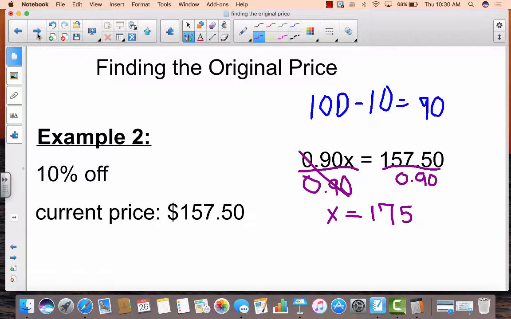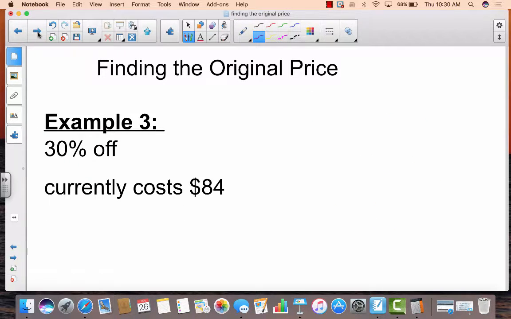We're going to do one more example together. This time we have some item that's on sale for 30% off, and the sale price is $84. So again, if I were to pay full price for the item, then I would be paying 100% of the price. If it's 30% off, then I'm not paying that 30.